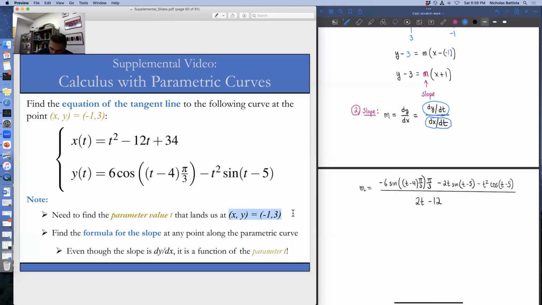Well, what we need to figure out is what t value lands us at x equal to -1 and y equal to 3.